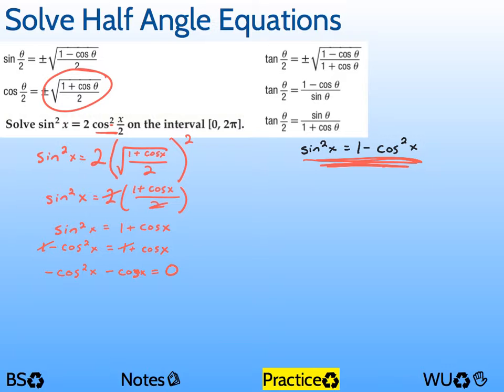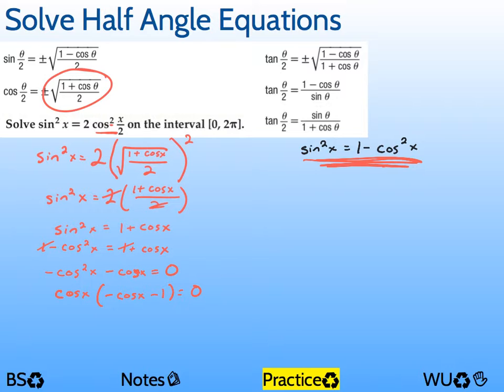Now what we can do here is factor out a cosine, since there's a cosine in both of these. So we have cosine of x times negative cosine of x minus 1 equals 0.